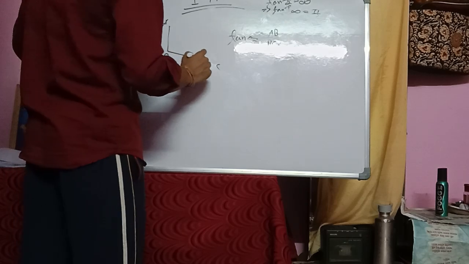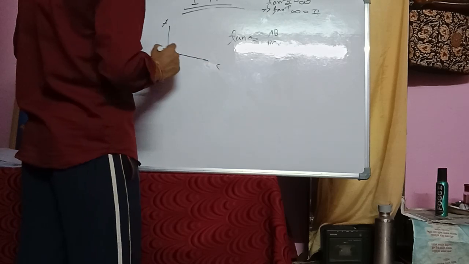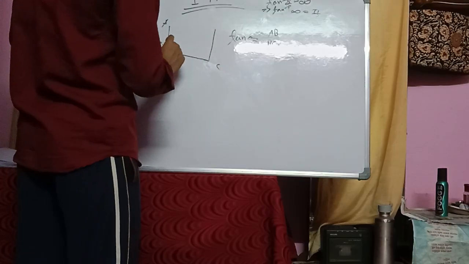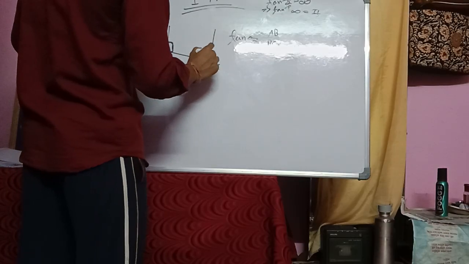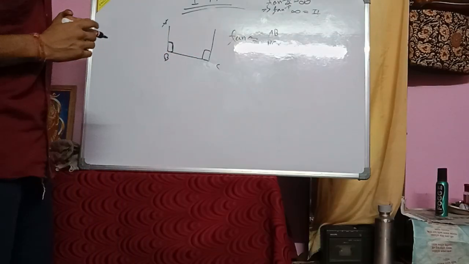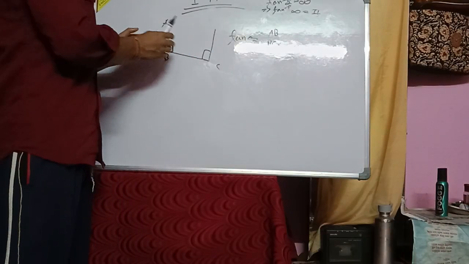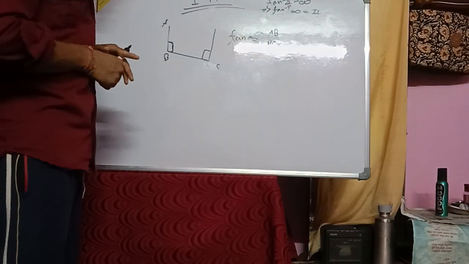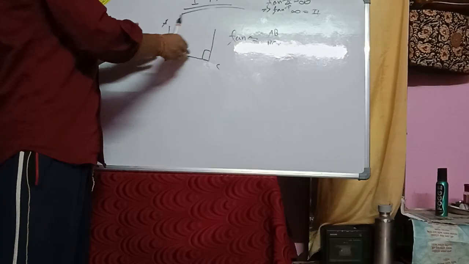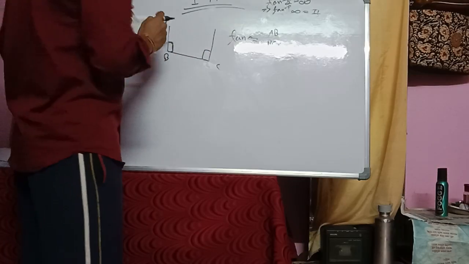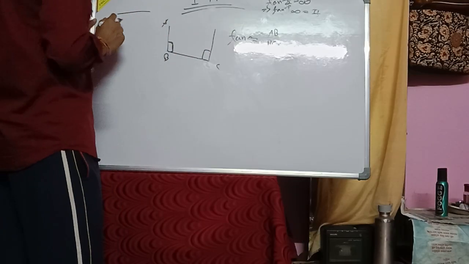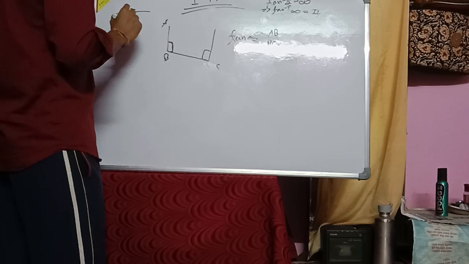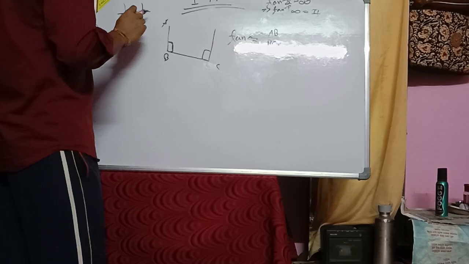So that means this line is going to be perpendicular to this line BC. Now we have a geometric shape. It's not yet a shape, which has two right angles. So these two lines, AB and this line here, are both perpendicular to a single straight line.